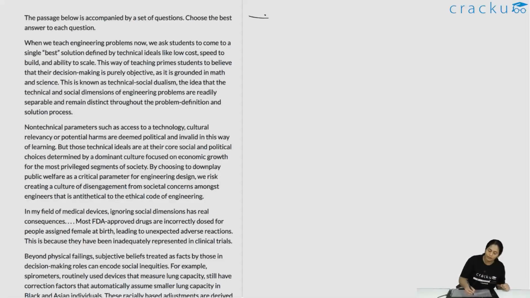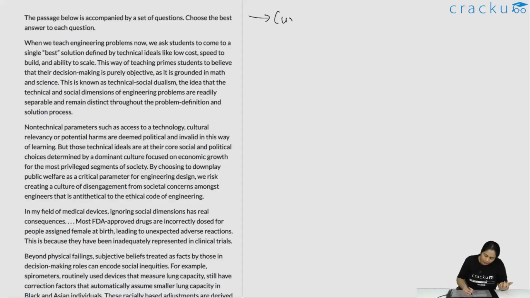So essentially what is being described over here, the way we currently teach engineering or how to solve engineering problems, is that we should only look at the technical aspects, only look at the mathematical and objective aspects, and we should leave all social aspects out of it, as if those social aspects are essentially extraneous to the technical solution as such.